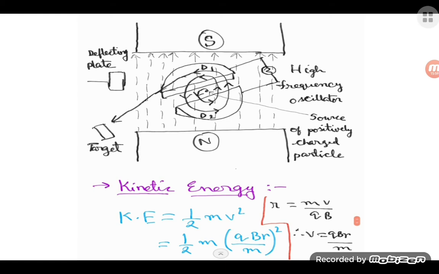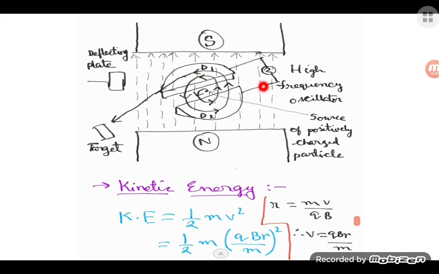It normally accelerates a charged particle by using both electric field as well as magnetic field. Now the magnetic field is right outside. The electric field is inside these Ds. This D-shaped structure is in fact called Ds. So in these Ds, the electric field is concentrated and the charged particle is started from this.